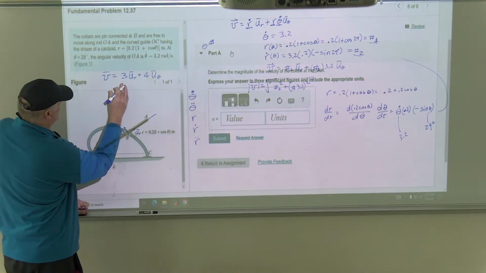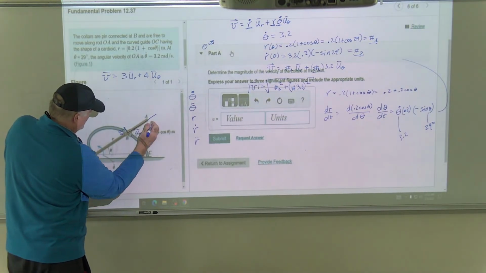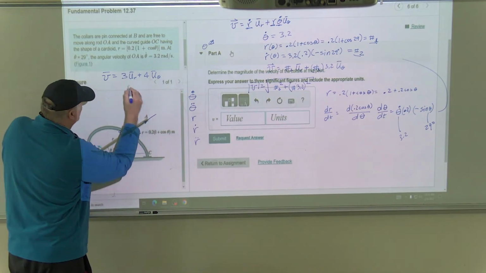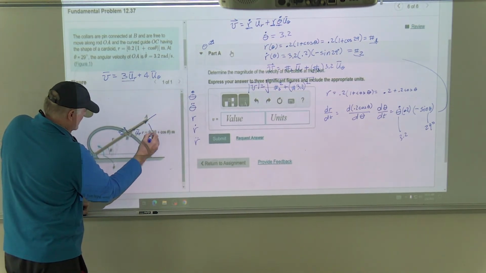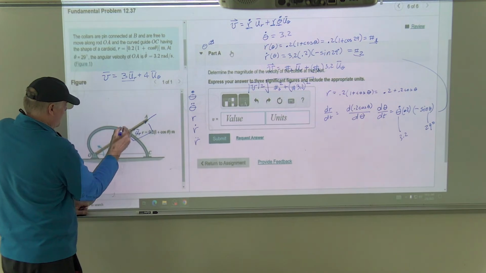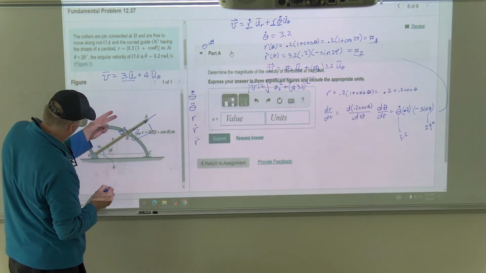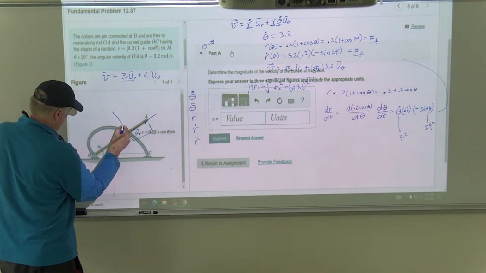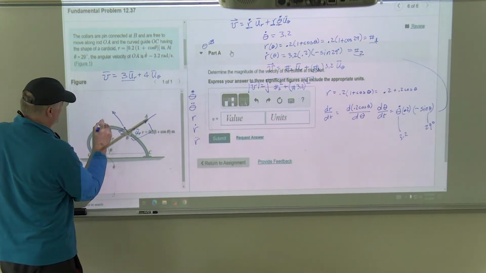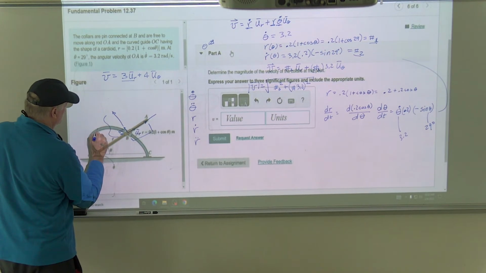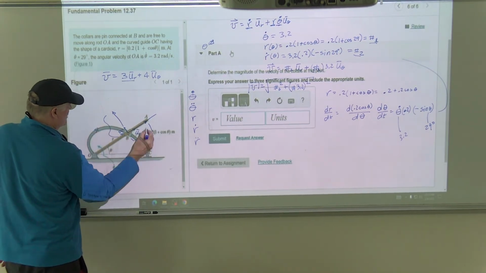If you look at it, 3, you go 1, 2, 3, the vector is about to here, so that's this length, and that's 4. If I take that and go 1, 2, 3, 4, about to right here, this is a length of 4, and that's a length of 3.